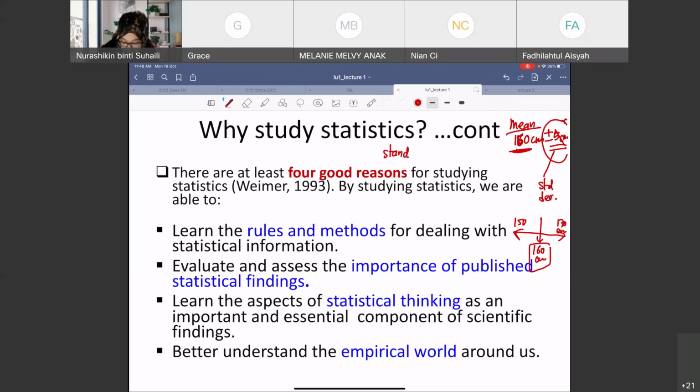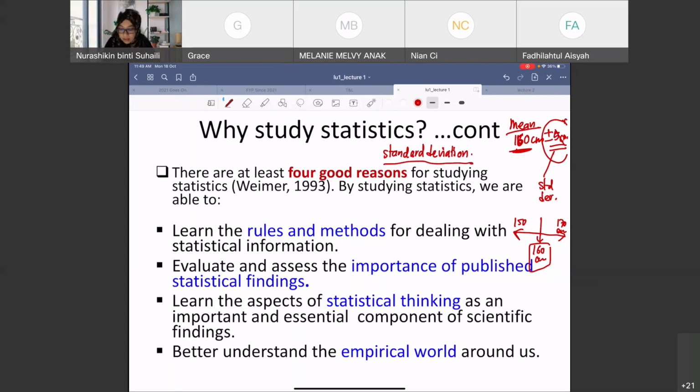I think we will cover that after this, in a subtopic on standard deviation, but it is the deviation from the mean value. That's what I can say at the moment for you to understand. It means how much deviation from the mean value of 160. If we talk about 160 minus 5 cm, it is 155.